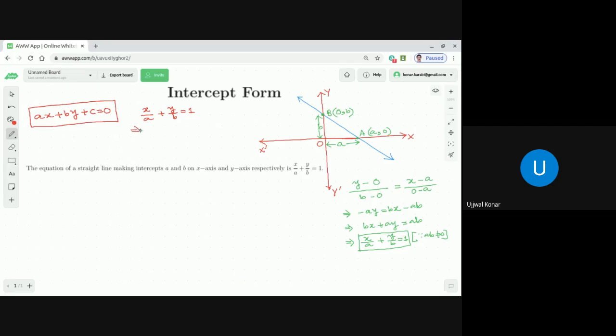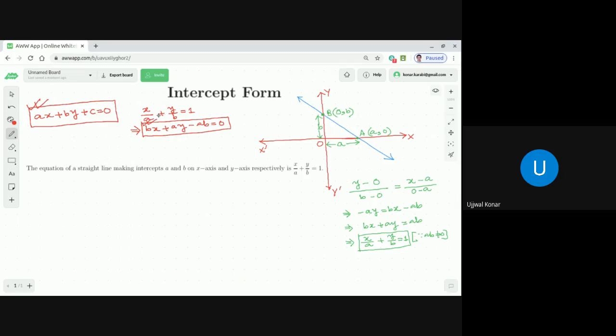So we can write this as bx plus ay minus ab is equal to 0, and this is in the form of ax plus by plus c equal to 0. Dear students, do not mix the a, b in what I wrote as ax plus by plus c equal to 0 with the a, b here; they are different.